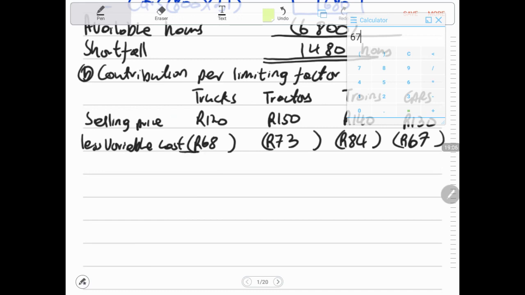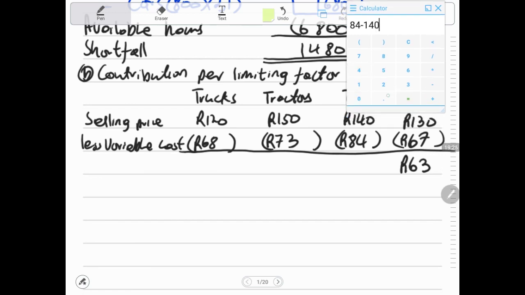So now selling price minus variable cost will give me what we call the contribution. 130 minus 67, this is a total of 63. Then we have 140 minus 84, this is 56. 150 minus 73, this is 77.